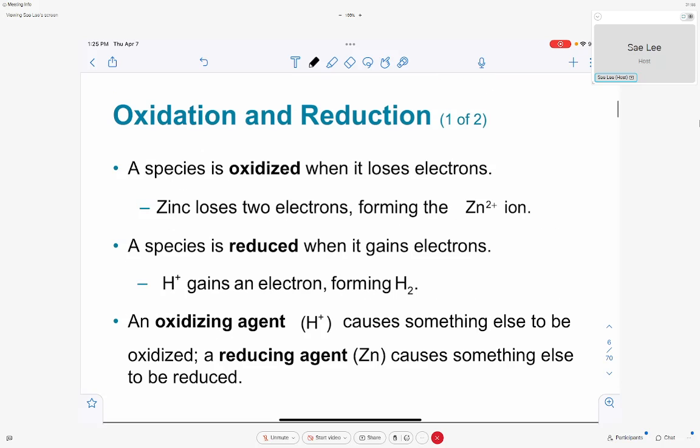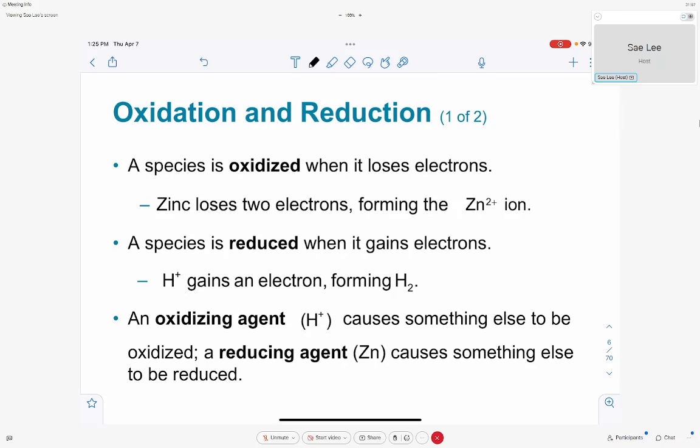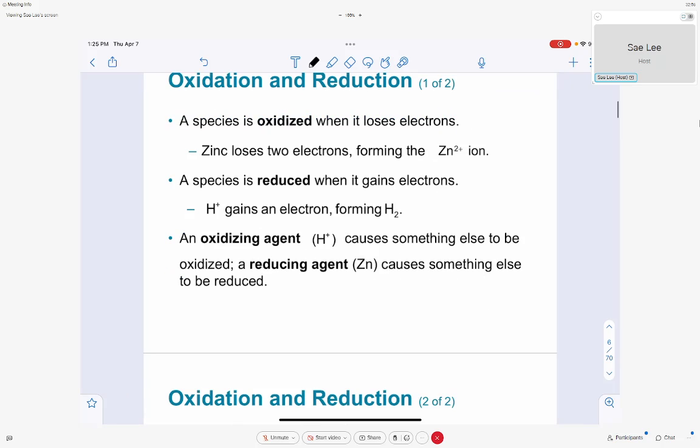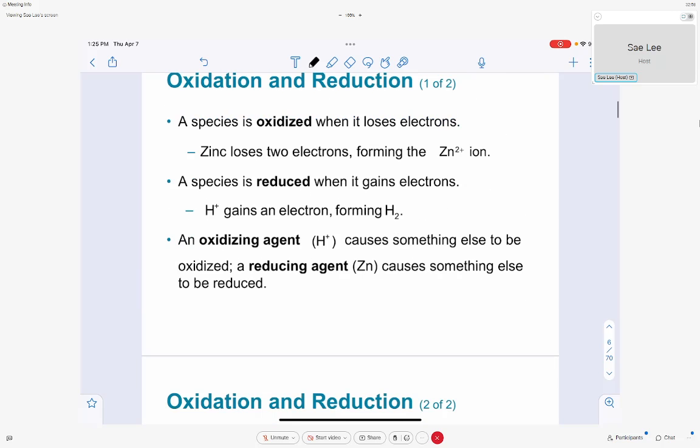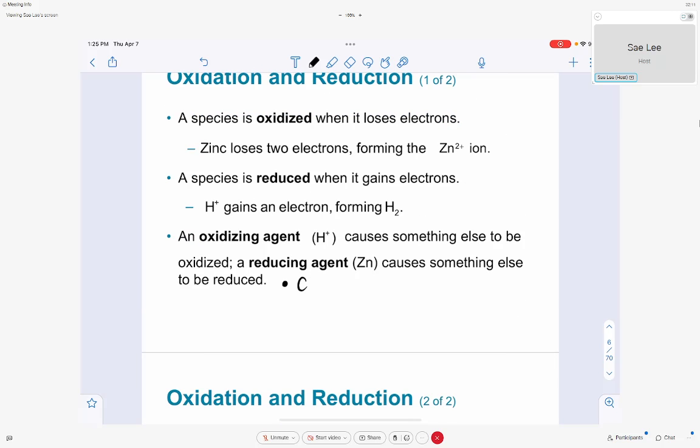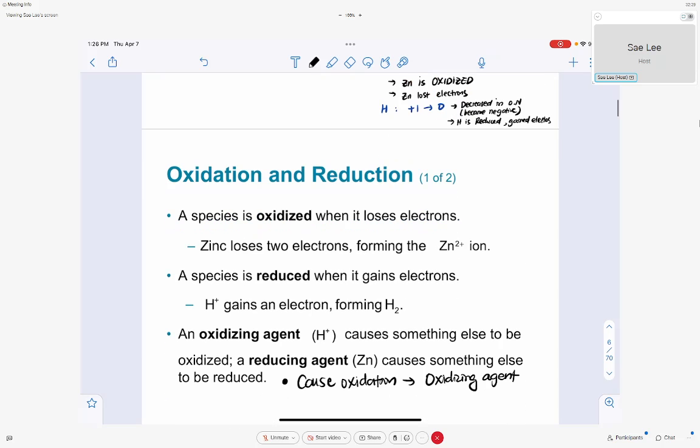So anything that causes oxidation, we call it an oxidizing agent. For example, in the previous example, which one caused the oxidation?